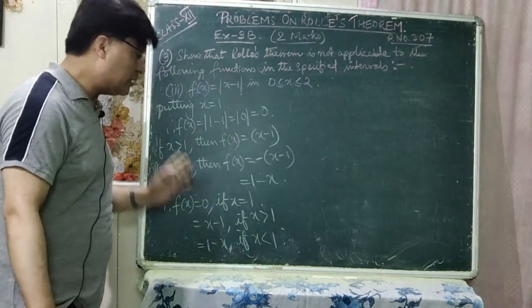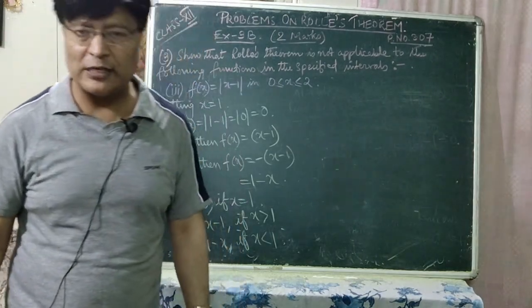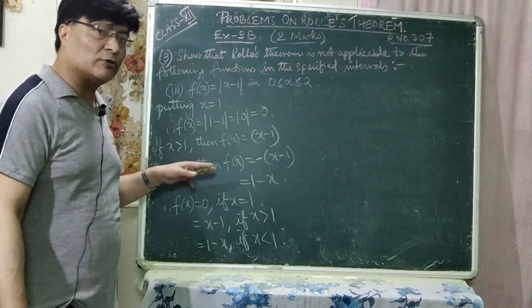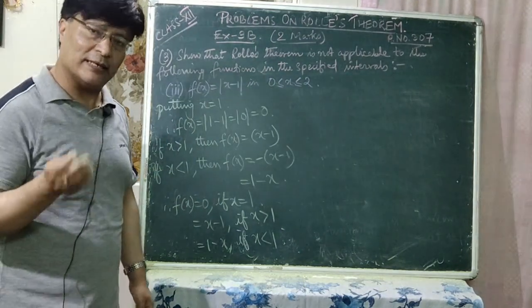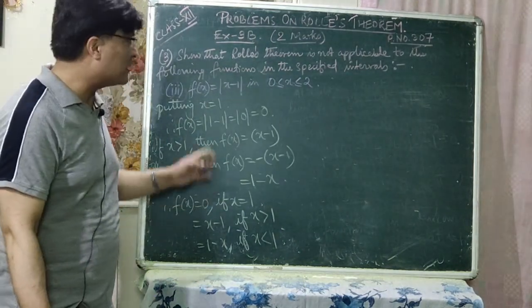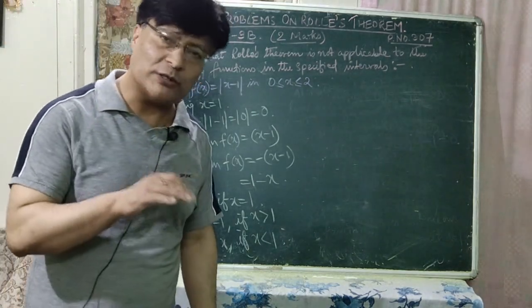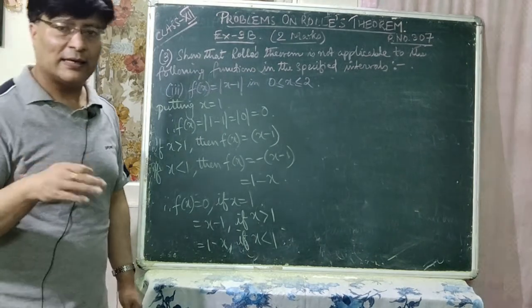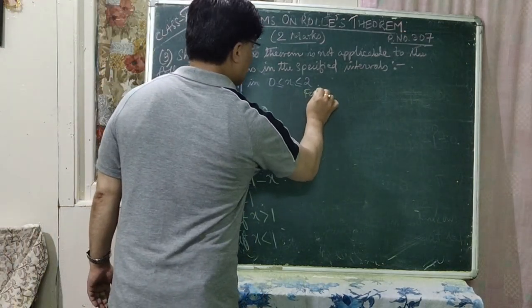Okay? So in order to check whether the given function f of x is differentiable or not, you have to find out both the right hand derivative and the left hand derivative.